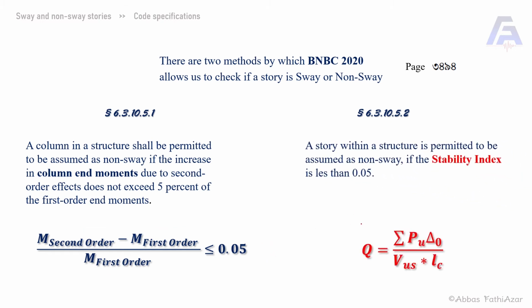The other method introduces the stability index Q, and it says if your Q is less than 0.05, your story is permitted to be assumed as non-sway. Please note that BNBC states the story, so this is a characteristic of a story, not a building. So we need to check this criteria for all stories separately.